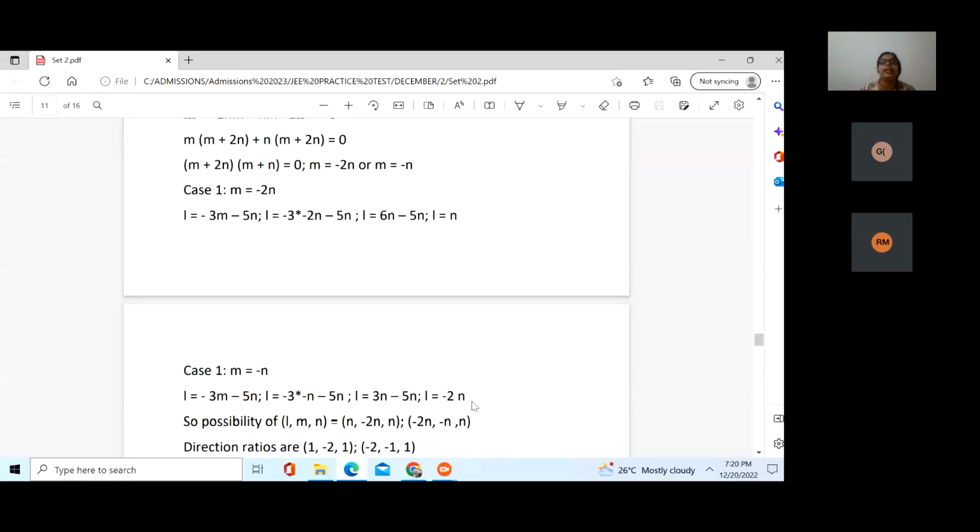So now I have two cases with the values of l, m and n. For the first case, m is equal to minus 2n, l is equal to n, and n is equal to n. For the second case, l is equal to minus 2n, m is equal to minus n, n is equal to n.